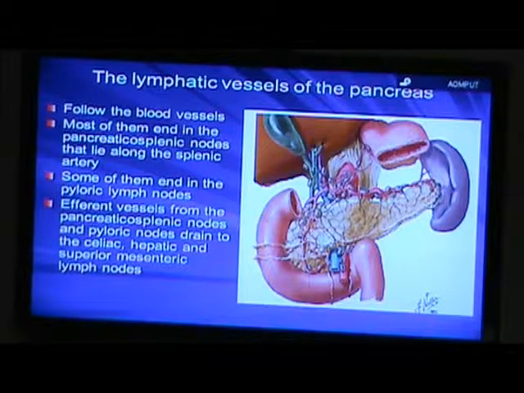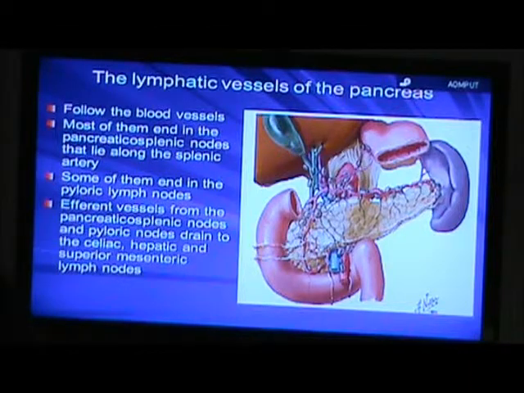Efferent vessels from the pancreatico-splenic and pyloric lymph nodes drain to the celiac lymph nodes, which are located around the celiac plexus, or to the hepatic lymph nodes, or to the superior mesenteric lymph nodes. Generally, next the intestinal lymphatic trunks are formed, and next the chyle cistern is formed.